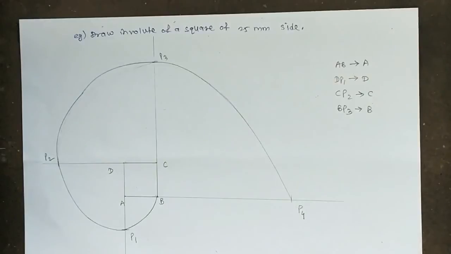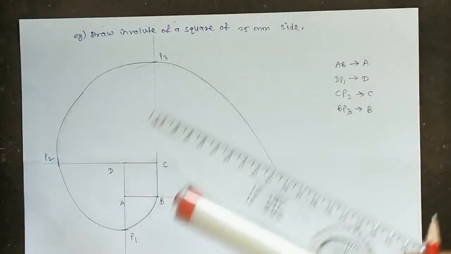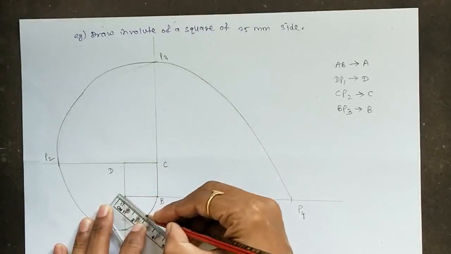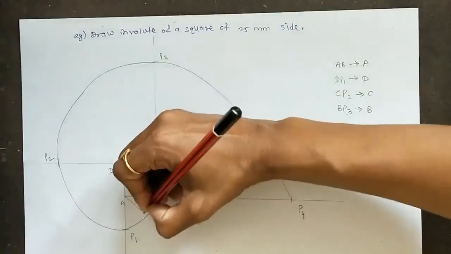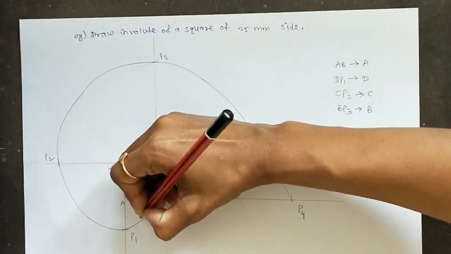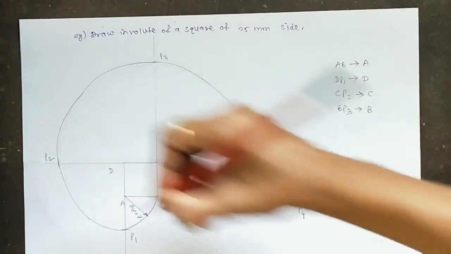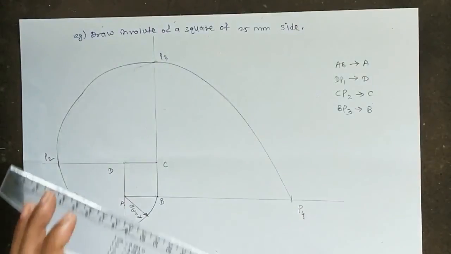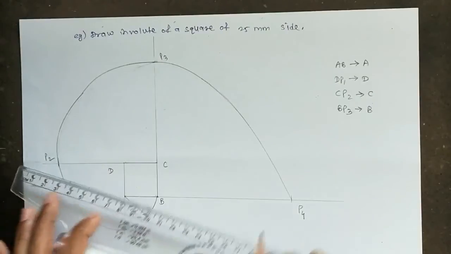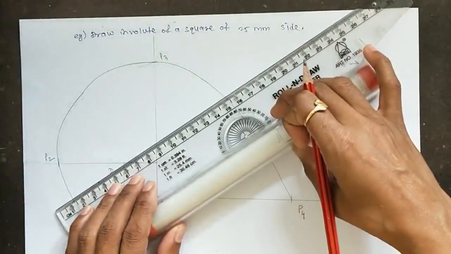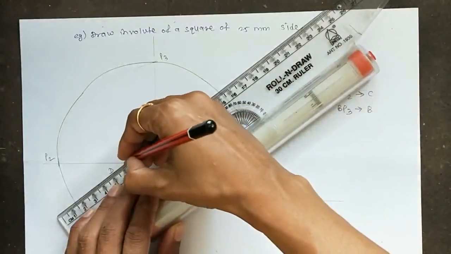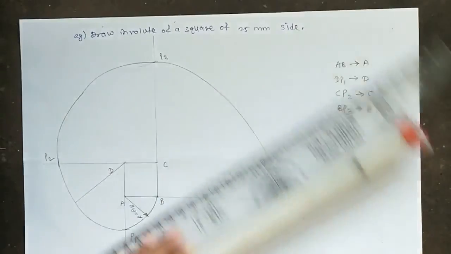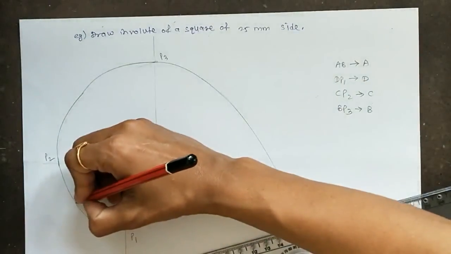Then give this distance as radius AB. So R is equal to AB. Then give distance from point D to this arc, that is radius DP1.